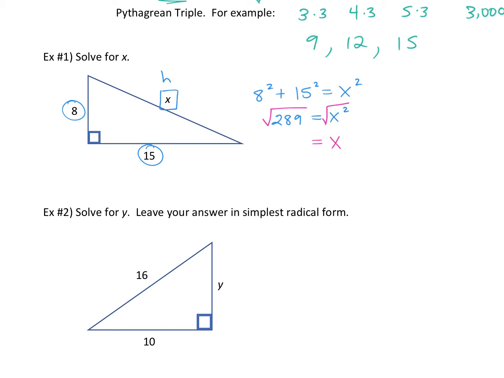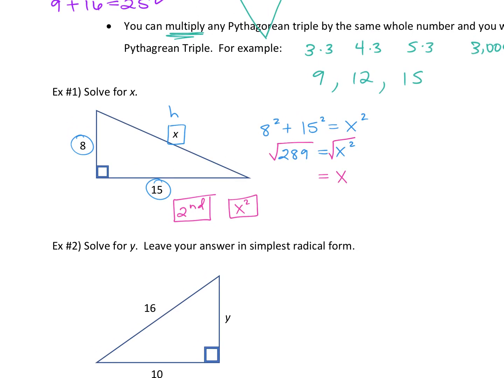I think on your calculator, to plug in a square root, you're gonna hit second, and then you're gonna hit the, I think it's the x squared key. And when you do that, it should pop up this on your calculator. If you need to pause this real quick, just so everyone can figure out where that square root button on your calculator is, go ahead and do that.